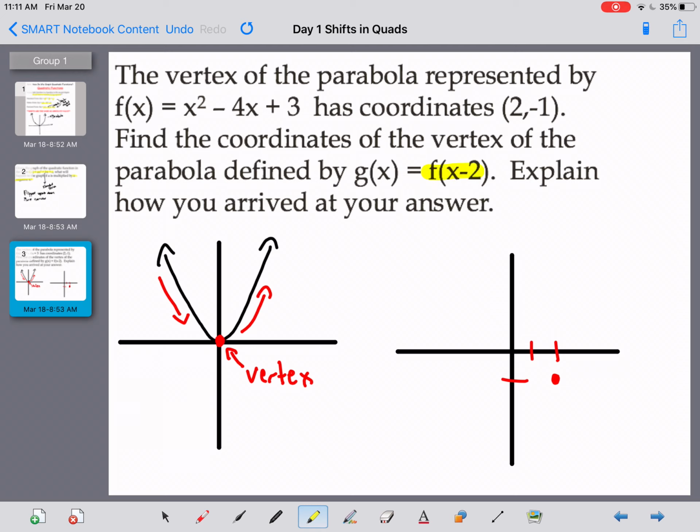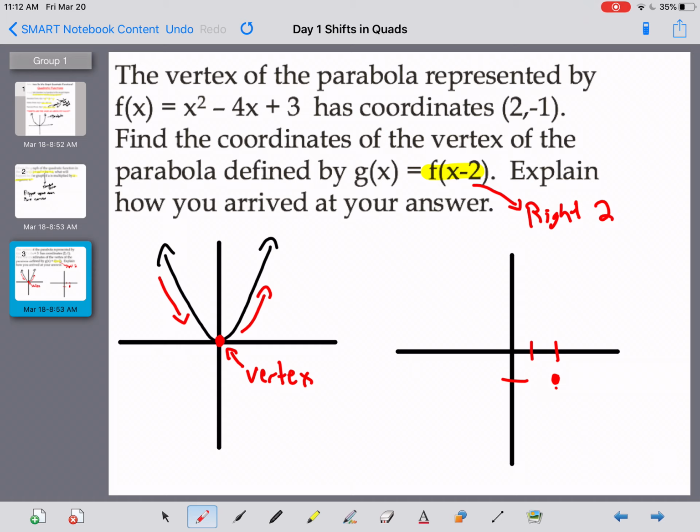Now I'm going to look and see that I have f of x minus 2. Since this minus 2 is with the x, that means I'm moving along my x-axis. And the same way with the absolute value, when it's with the x, it's the opposite. So since it's a minus 2, that means I'm moving to the right 2.